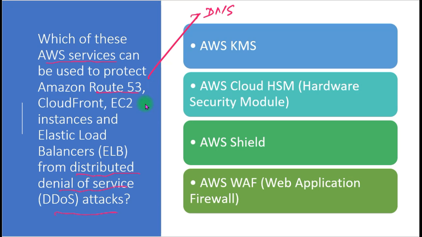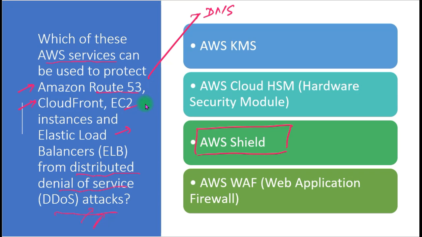As we already know, for DDoS we use the AWS Shield service, which helps us to protect our environment from DDoS attacks. In our environment, the component can be Amazon Route 53, CloudFront, EC2 instances, or the Elastic Load Balancer. These are the components which can be protected by AWS Shield.